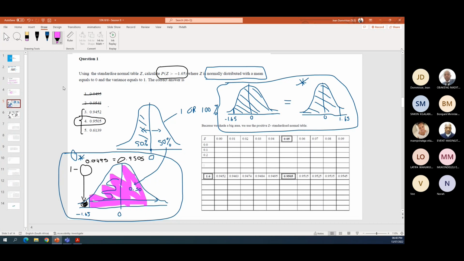I'll show you in the next session how we can use the spreadsheet as well. Because I think the spreadsheet will also be easier, because the spreadsheet will be able to calculate the Z, and it will also be able to calculate the probability because it's built into one of the formulas.